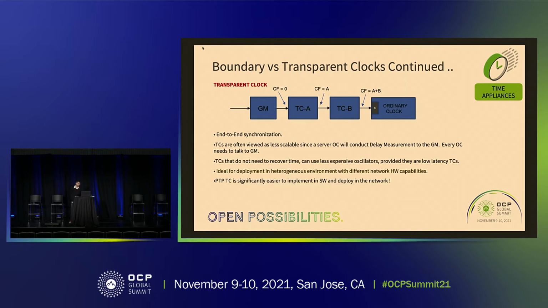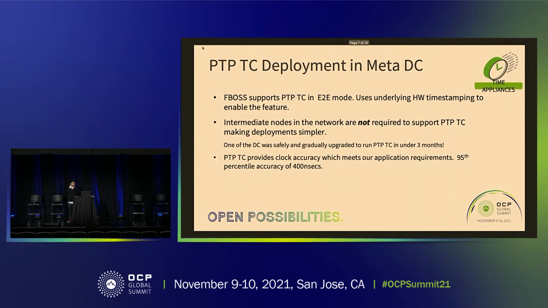Obviously, it's also significantly easier to implement in software and deploy in the network as compared to a boundary clock. There is less of a hassle in productionizing and pushing such a feature into production.